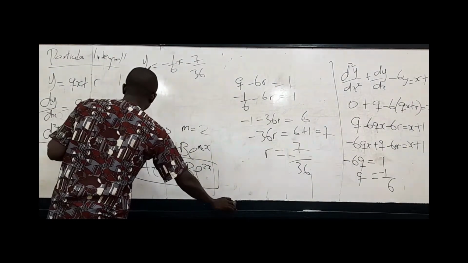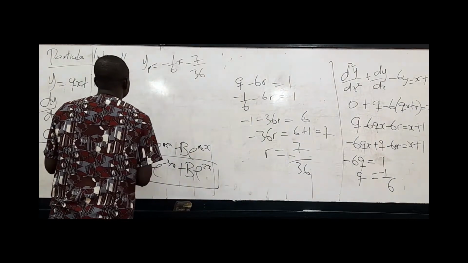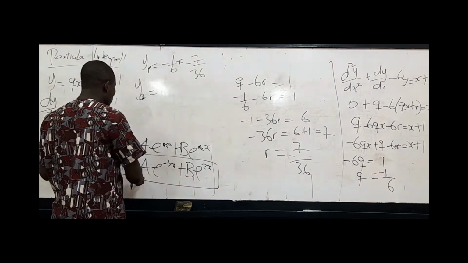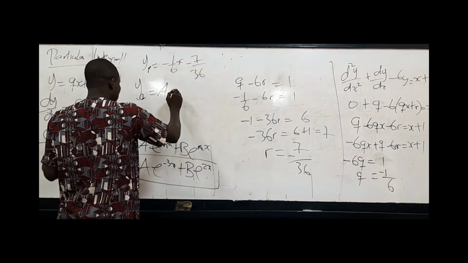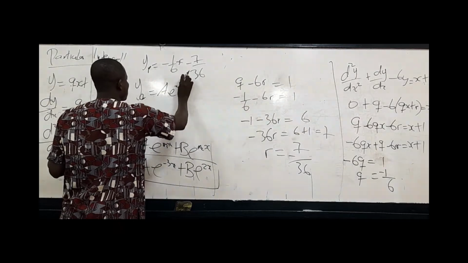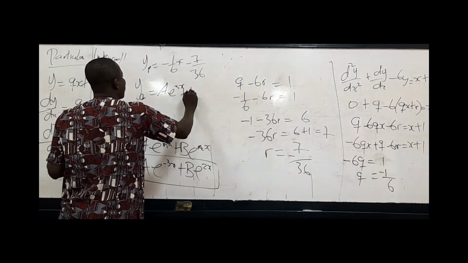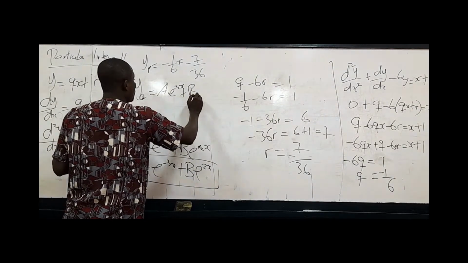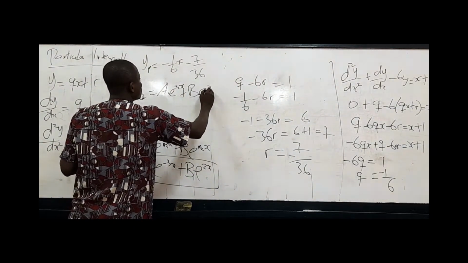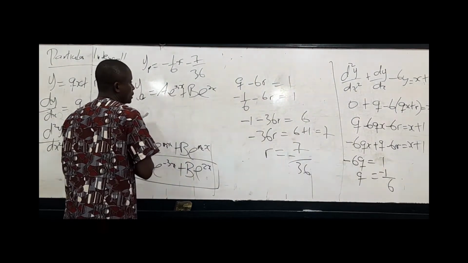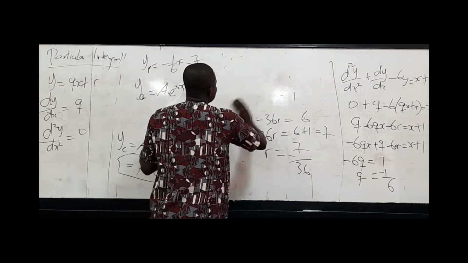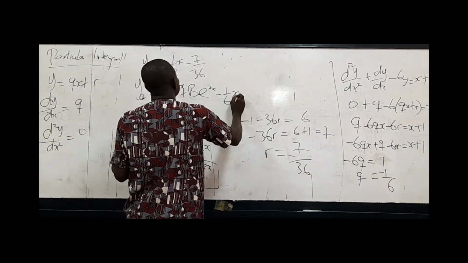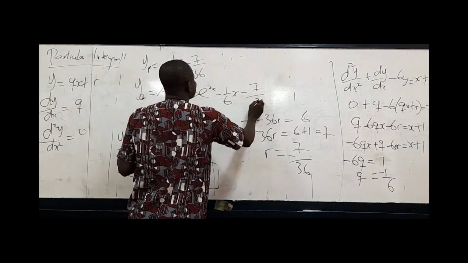Therefore, if you are talking about the general equation, then y general is going to be A e to the 3x plus B e to the negative 2x, then minus 1 over 6 x minus 7 over 36.